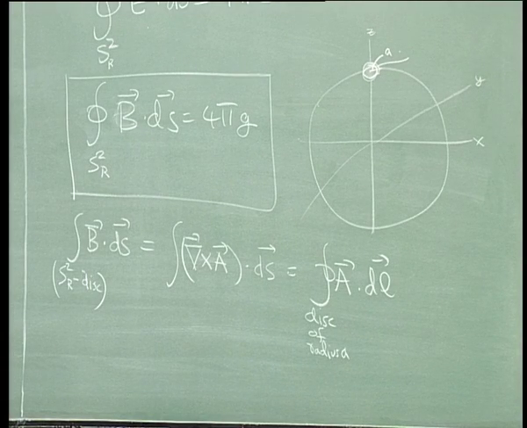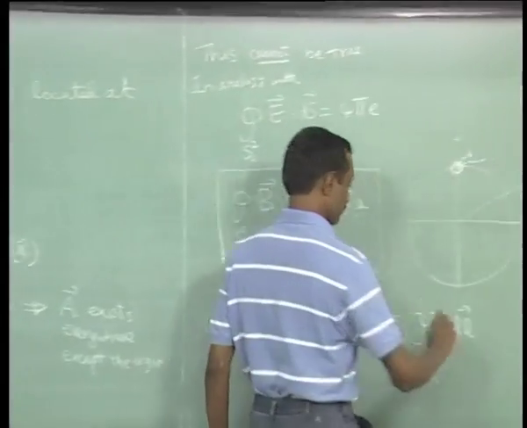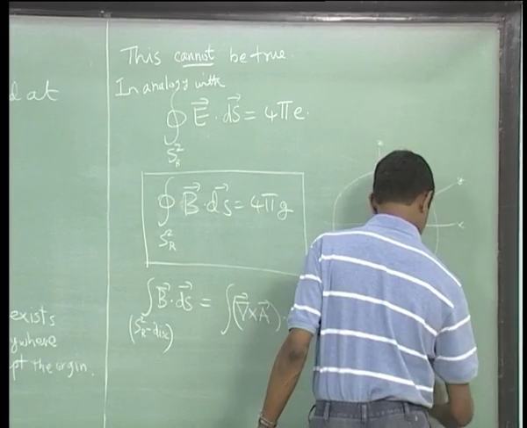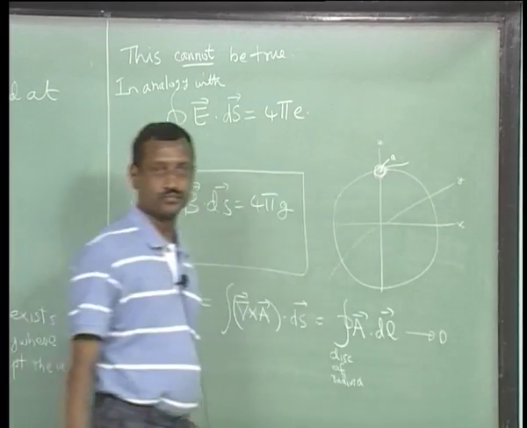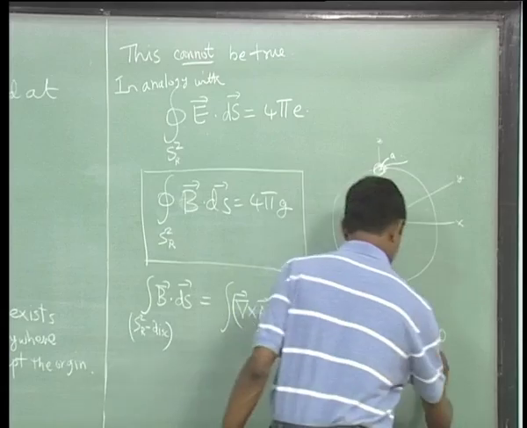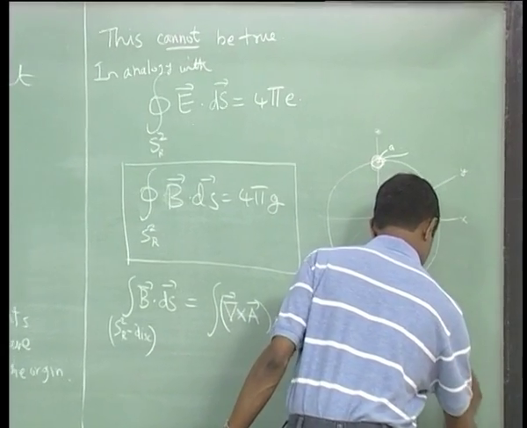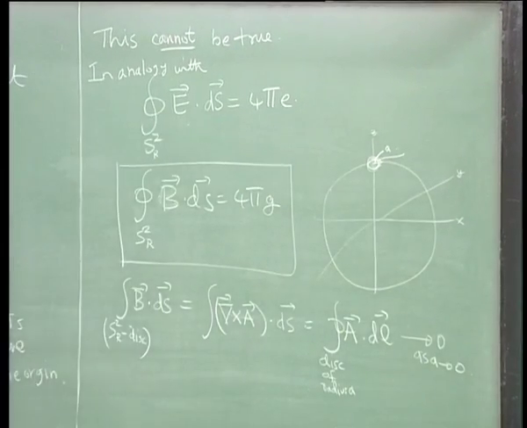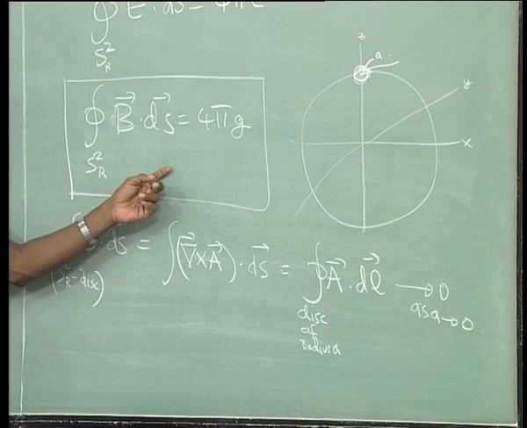In the limit of a going to 0 we would expect this thing to vanish, to be zero, but this conflicts with what we have just written out here.